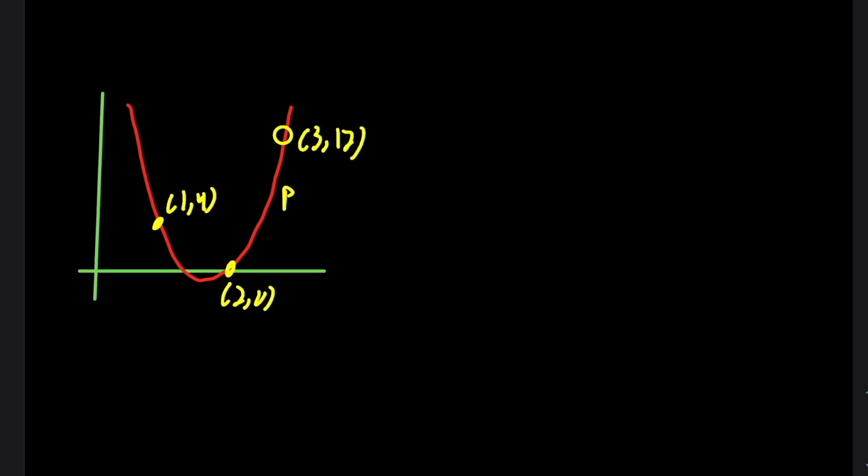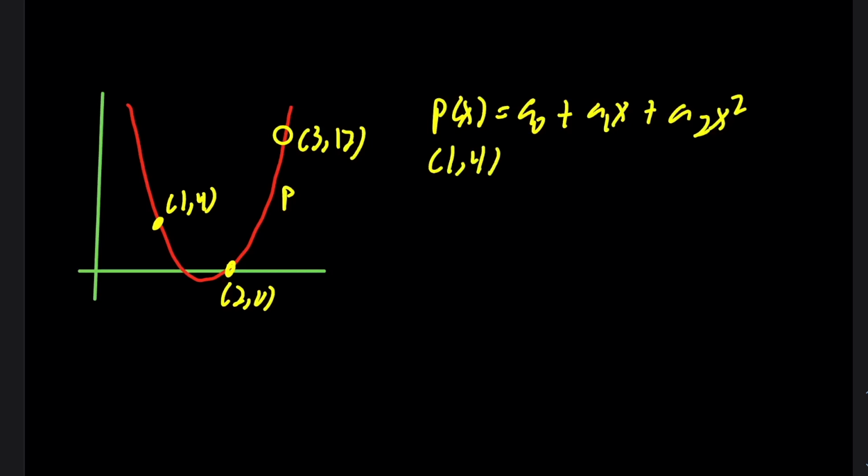Going back to the previous example, we know that p of x is equal to a naught plus a sub 1 x plus a sub 2 x squared, and so on. And we're given a few points: 1, 4, 2, 0, and 3, 12.